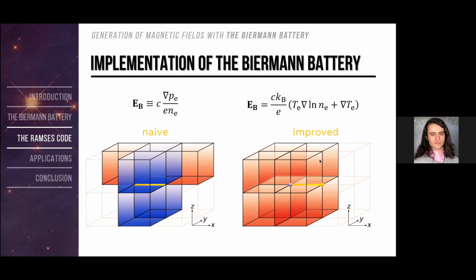Whereas in the improved method, the orange cells are directly used to calculate the electronic pressure and temperature at the purple vertex here. And then the Biermann field is computed at the golden edge by using the purple and golden vertices that frame this edge.